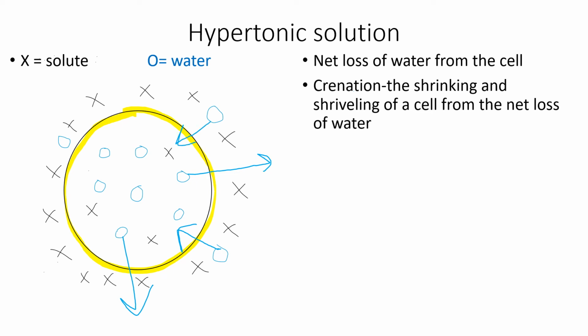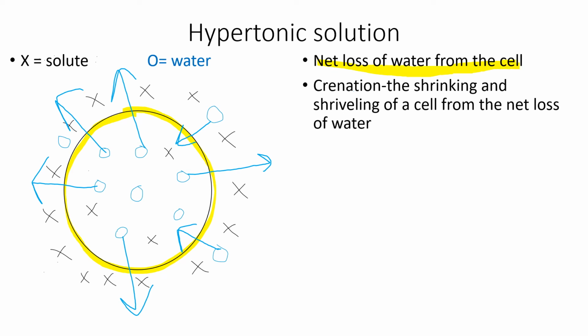But because I have much higher concentration of water inside the cell than outside the cell, in order to try to equilibrate, more water molecules are going to leave the cell than enter the cell. What does that mean? We're going to get a net loss of water from the cell because more water molecules will leave than enter, trying to equilibrate the concentrations of the water.